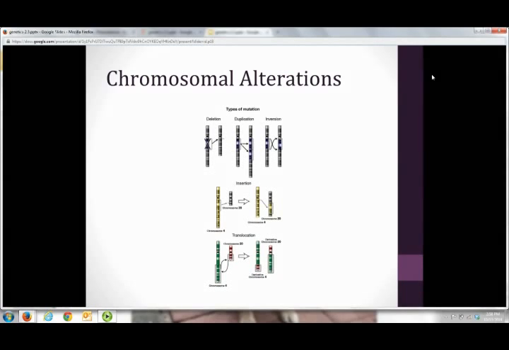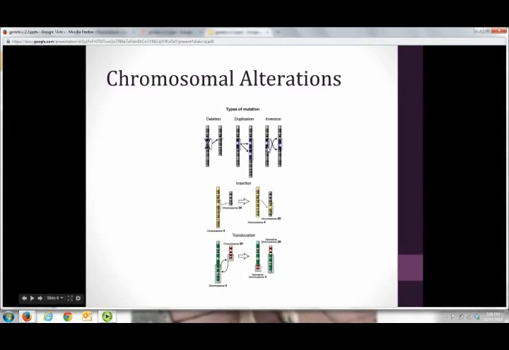This diagram demonstrates some of the differences. Here, where you have the deletion, you have what started out as the normal size chromosome and a smaller one as a result. With the duplication, you have this region of it that becomes copied and duplicated and is now twice located in the chromosome. With the inversion, you can see you start out with the region going in one direction.